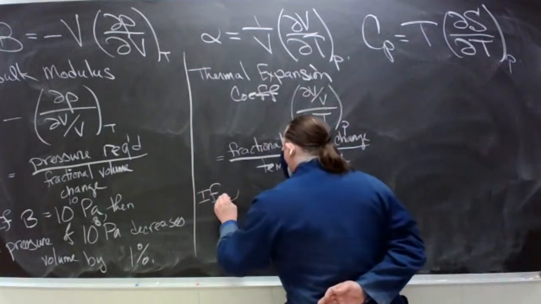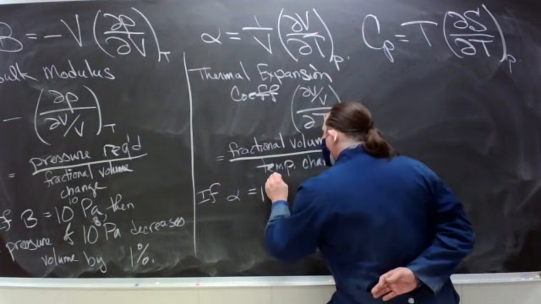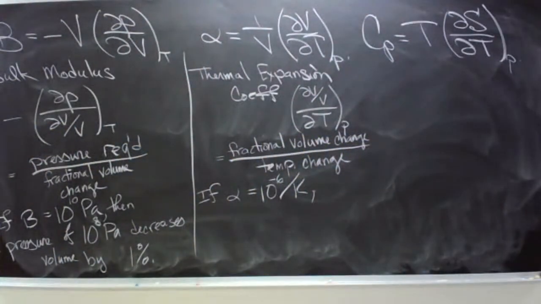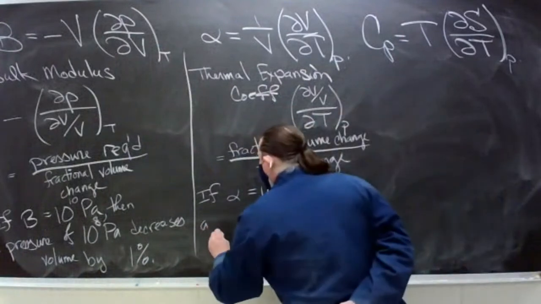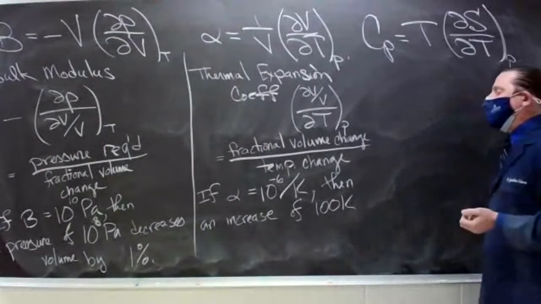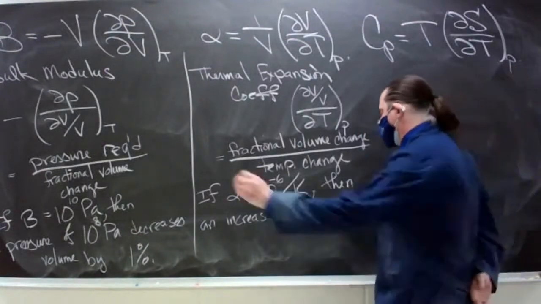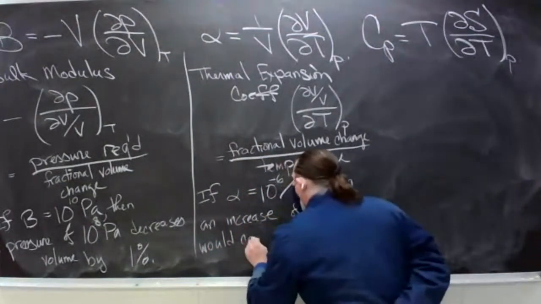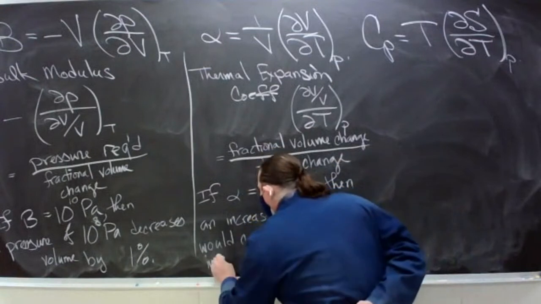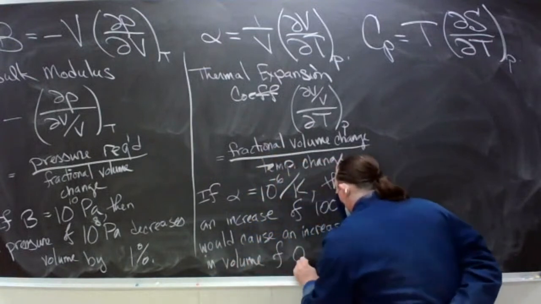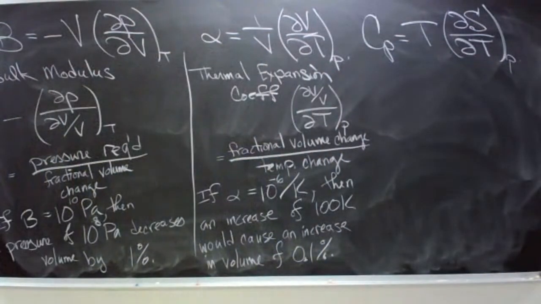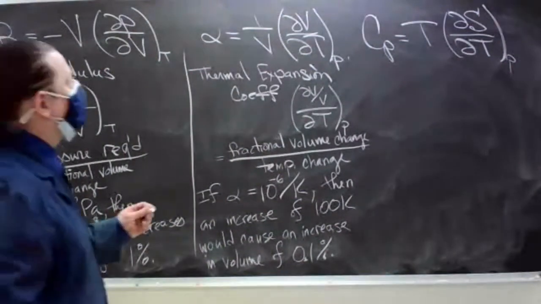So if alpha was 10 to the minus 6 per Kelvin, then an increase in temperature of 100 Kelvin would cause an increase in volume of 0.1%. Okay?